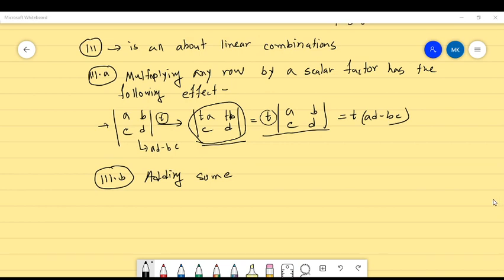So adding something with a row has the following effect.